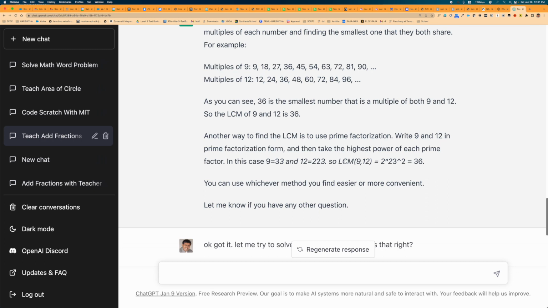Then to get the LCM we multiply the prime factors, taking only the ones needed. This is a little bit confusing. Actually it is 2 times 2 times 3 times 2. It missed the multiplication symbol here. There are some mistakes, but finally it showed how to find the LCM.